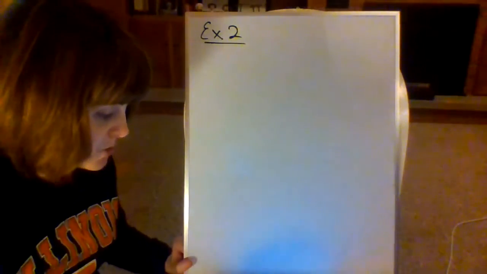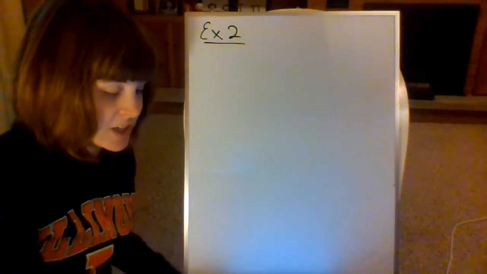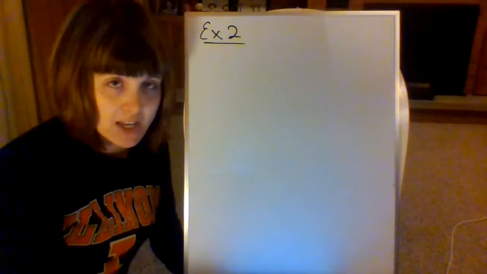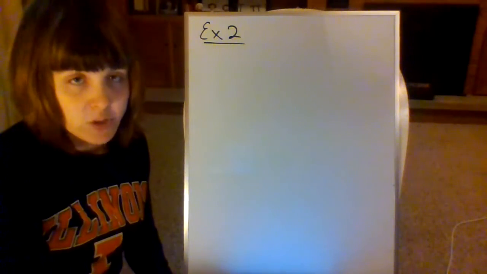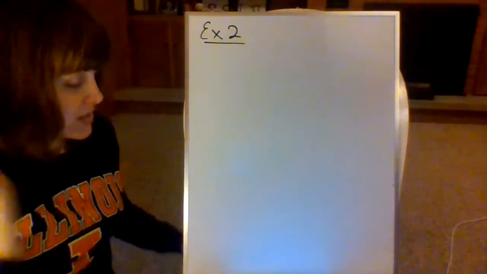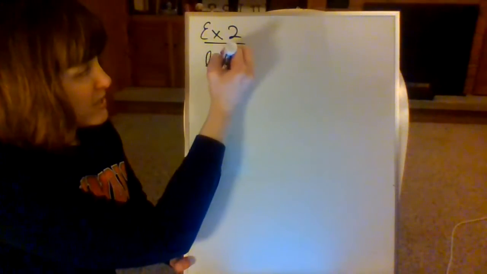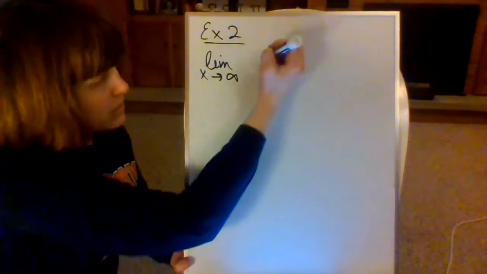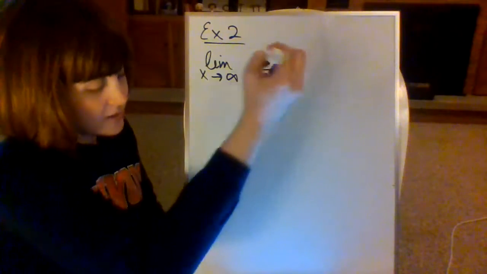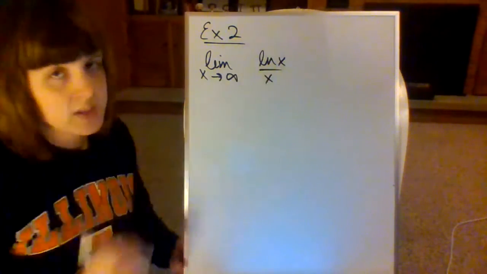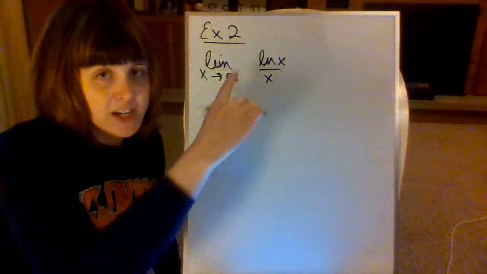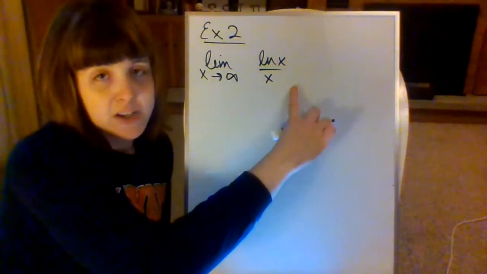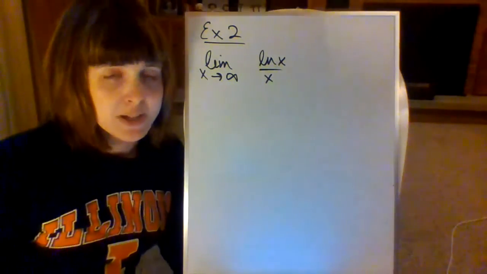Alright, example 2, now we're going to have the indeterminate form, infinity over infinity, if you were to plug in direct substitution. So I'll show you. It says, find the limit as x approaches infinity, and we have natural log of x over x. So if you were to directly plug infinity in for x on the top and the bottom, you would just be left with infinity over infinity, and that doesn't help us.